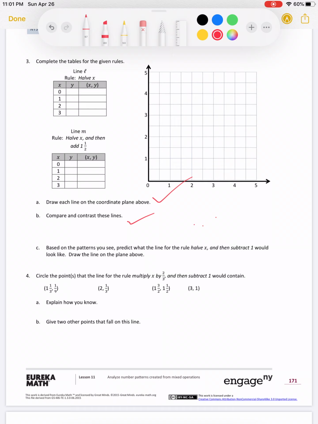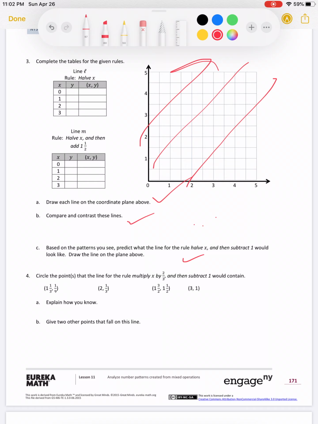And then based on the pattern, we have to predict. Okay, if the next rule was half x, then subtract 1, where would the line sit? Would it sit above those lines, below those lines, in between those lines? And then they want you to just give a rationale. Give your thinking, okay? Justify it. It's always possible, and it's always necessary, you all.